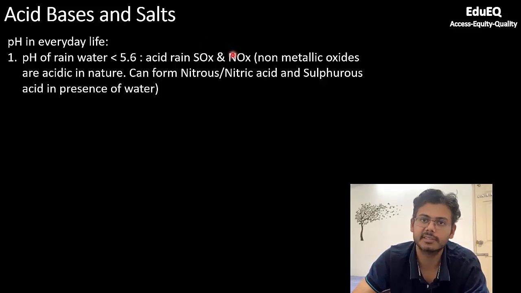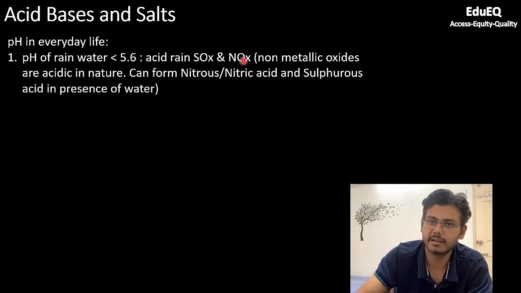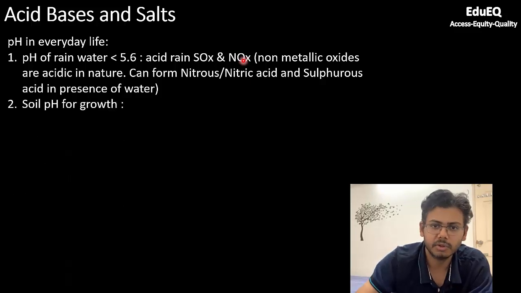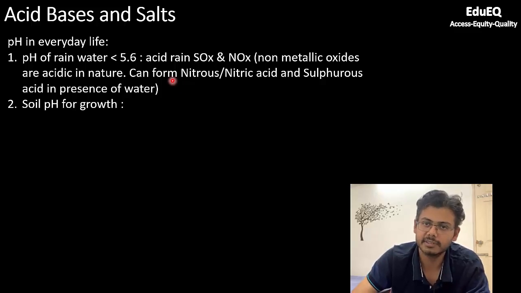These are pretty simple reactions. And in case you are still struggling to write these reactions, just leave it in the comment. I will try to clarify it in the next lecture, or I will try to reply to your comment. So you can see it can form nitric acid and sulfurous acid in presence of water. So when the rain happens, this acidic water will come down, and it is called acid rain.